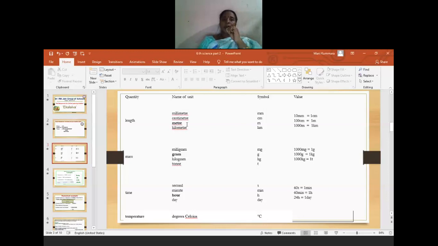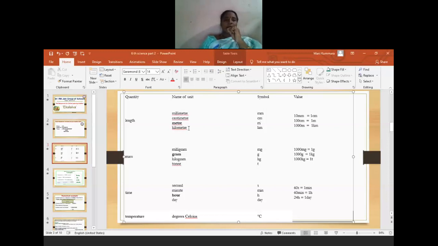Meter is represented as small m and kilometer as km. K should be capital and m should be small letter. 1000 meter is equal to 1 kilometer. So millimeter and centimeter are the smallest units. Meter and kilometer are the largest ones.